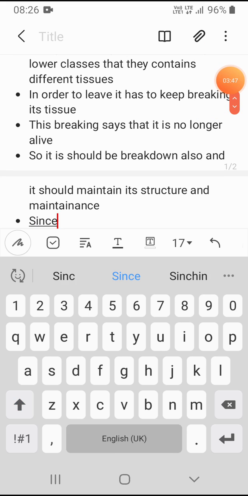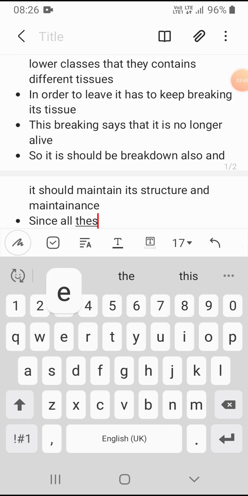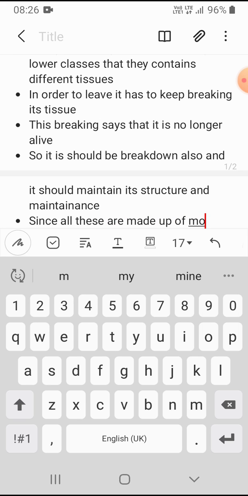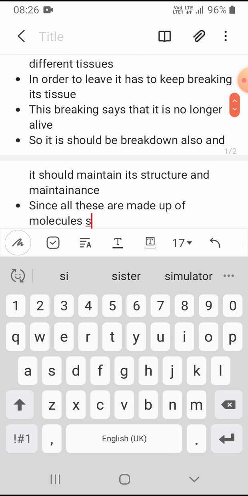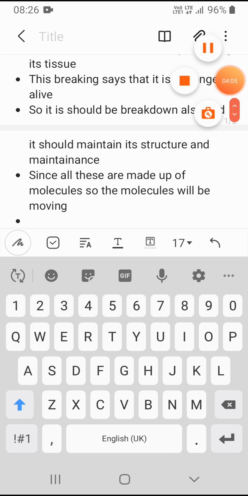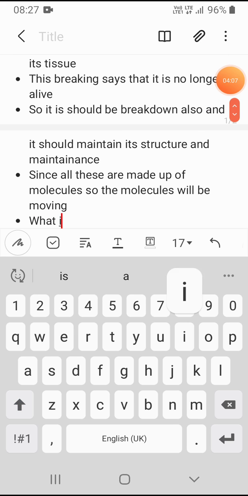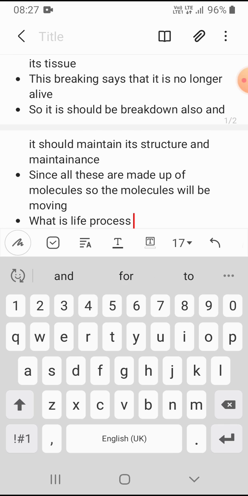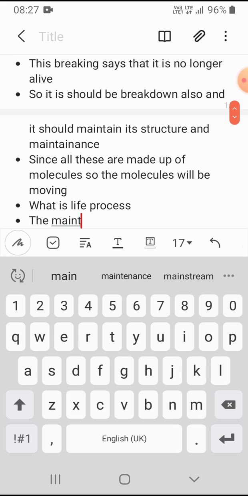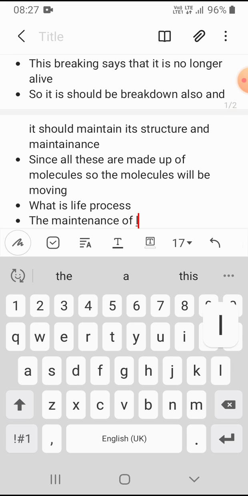Since all these are made up of molecules, as you know, the molecules will be moving around. And what is a life process? The maintenance of the living organism.